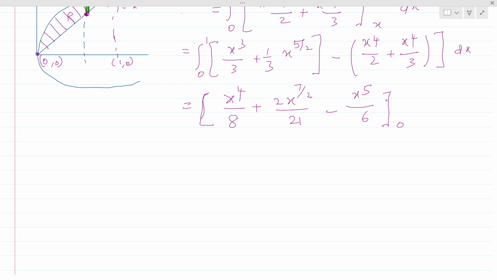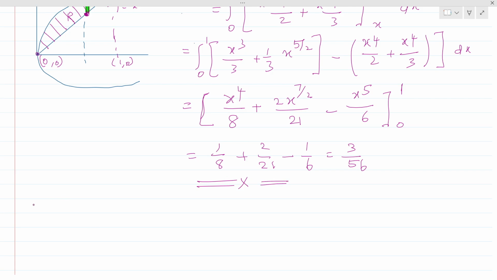From 0 to 1. That is equal to, substituting 1 here, 1 by 8 plus 2 by 21 minus 1 by 6. So this gives 3 by 56. This is the value of the integration.